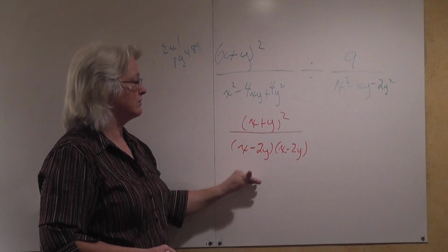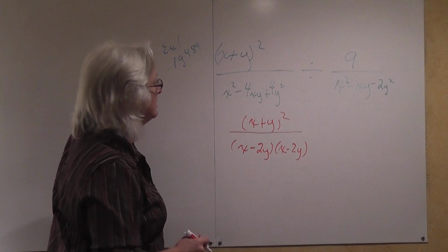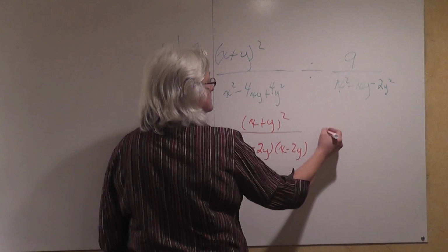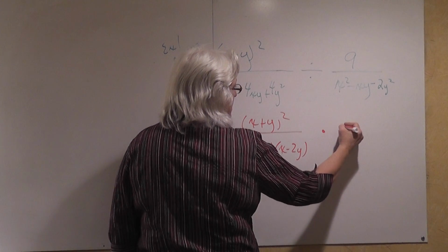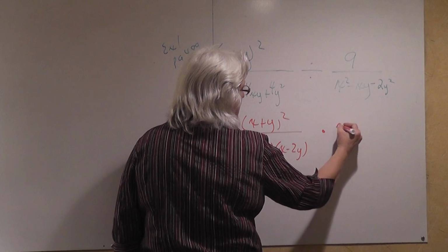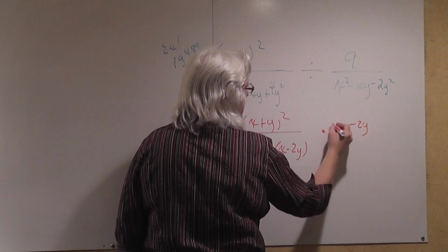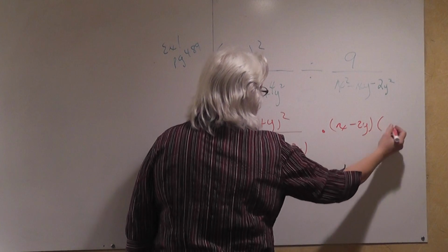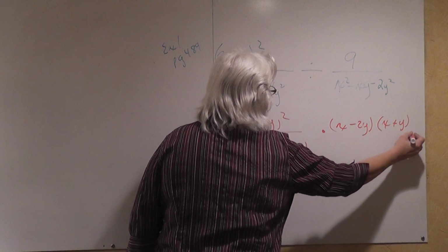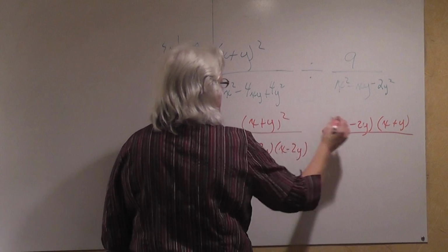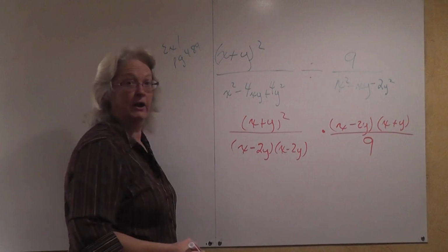So now we've factored our numerator and our denominator. That's just x plus y times x plus y, times x minus 2y times x plus y, all over 9.